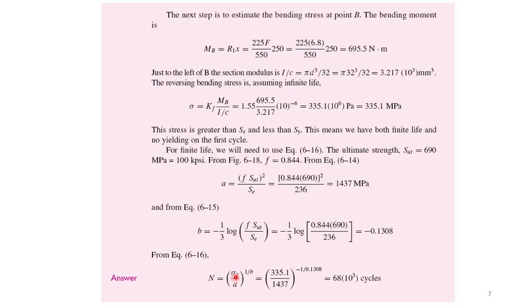It's SF, which is sigma A, which is the reversed amplitude stress acting at point B, the maximum value of course, over A, all to the power 1 over B. So for sigma A, I will substitute the sigma max that was calculated here by multiplying the nominal stress, MC over I, by the fatigue strength concentration factor, which is 1.55, to account for the geometrical discontinuity existing at point B. This is the stress that should be used in this equation, over A, which is the constant that I got from here, all to the power 1 over B. So it's 1 over this B value.